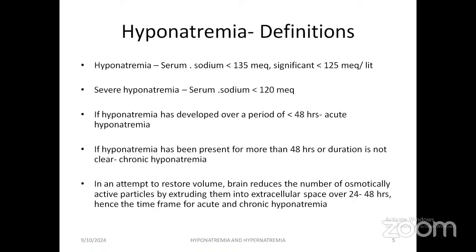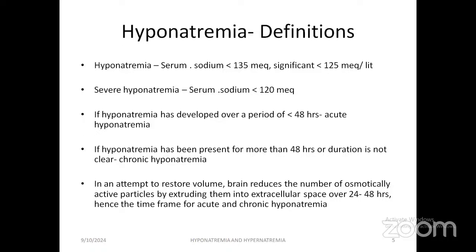Coming to definitions of hyponatremia. Hyponatremia is defined when serum sodium is less than 135 milliequivalents, and it is significant when the concentration of serum sodium is less than 125. It is severe hyponatremia when sodium levels are less than 120 milliequivalents. If hyponatremia has developed over a period of less than 48 hours, it is called acute hyponatremia.